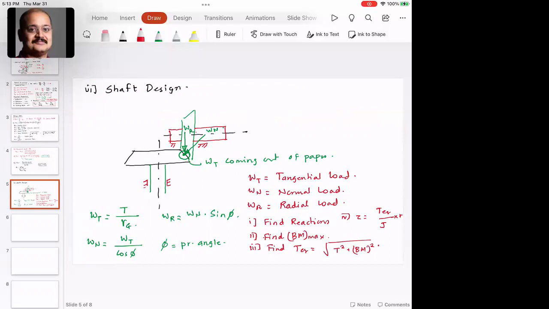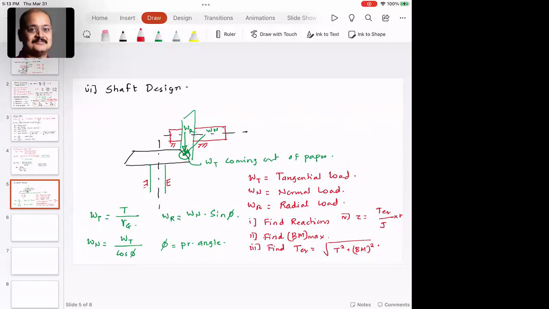Many times, if they ask you to design the housing, the easiest way is to first draw the gear pair and then construct the housing around it so that the bearings supporting the shaft are housed in that housing.